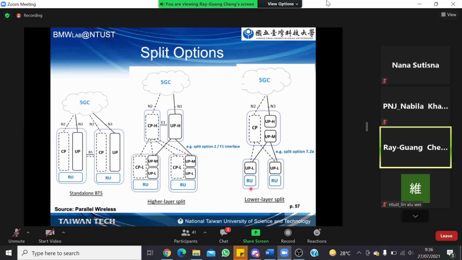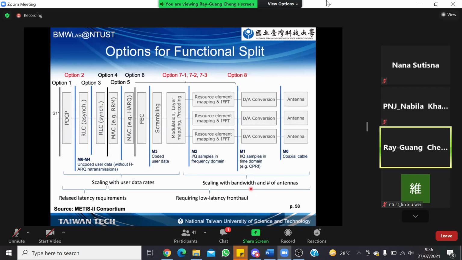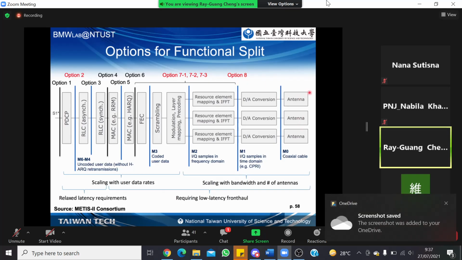So you can have different options for the split. According to the standard, they have different options. Option 1, 2, 3, 4, 5, 6, 7, 8. Higher value refers to the physical layer.